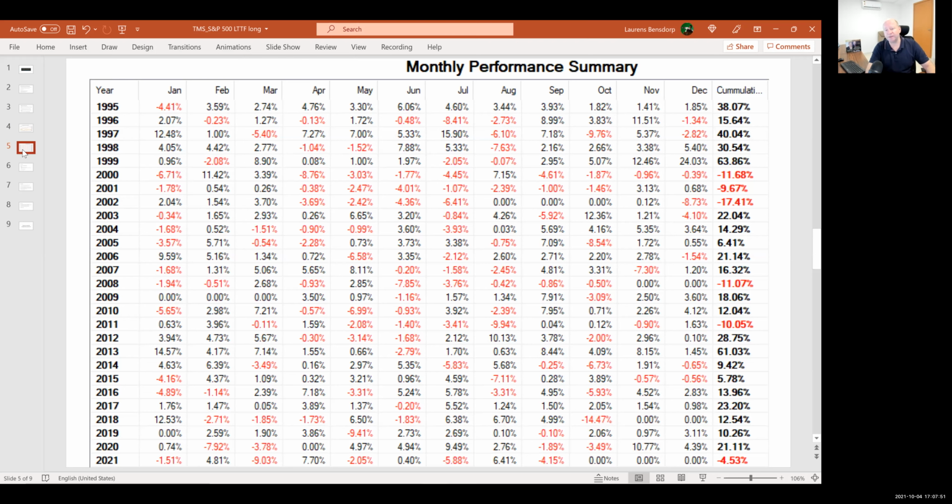So here we see the monthly and the yearly returns, and we see, of course, that from 1995, it did incredibly well. It was very easy times to make money at that time. There was good volatility in the markets and everything, and so that was very easy.